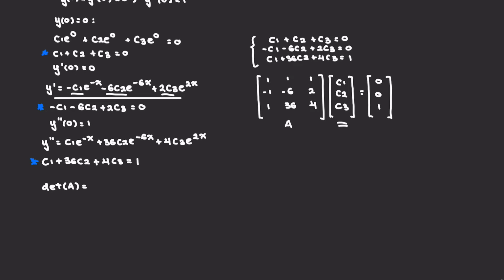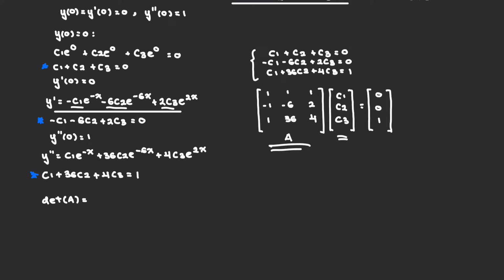So let's try and find the determinant of A. So the determinant of a 3 by 3 matrix, we can use a special method called the Sarrus Method, which is just -1, -1, -6, 2, 1, 36, 4, and the Sarrus Method applies right here, where we only take the first two columns and put them behind this matrix.